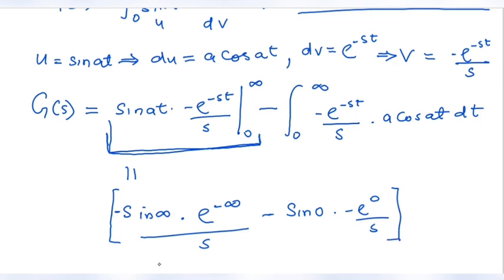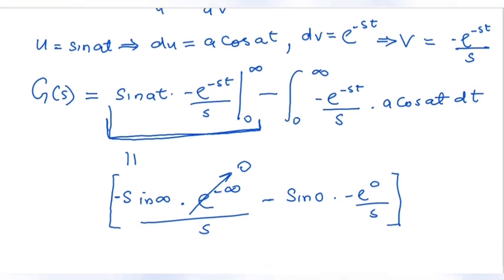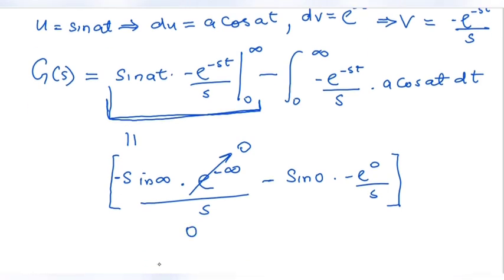If you look at this, e to the negative infinity, we already established in our previous video, is 0, and 0 times any term is 0. So this is 0 minus, and sine 0 is 0, so this is also 0. So this entire term is just 0, so we can skip it.